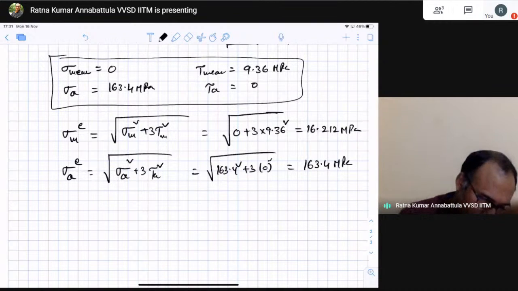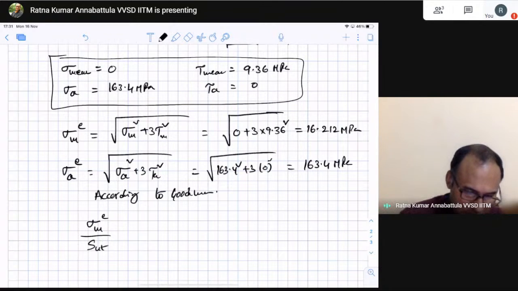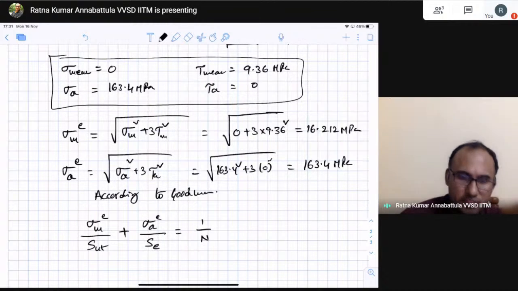Okay, now if you use the Goodman criterion, according to Goodman, sigma m equivalent divided by SUT plus sigma a equivalent divided by SE is equal to 1 by the factor of safety.